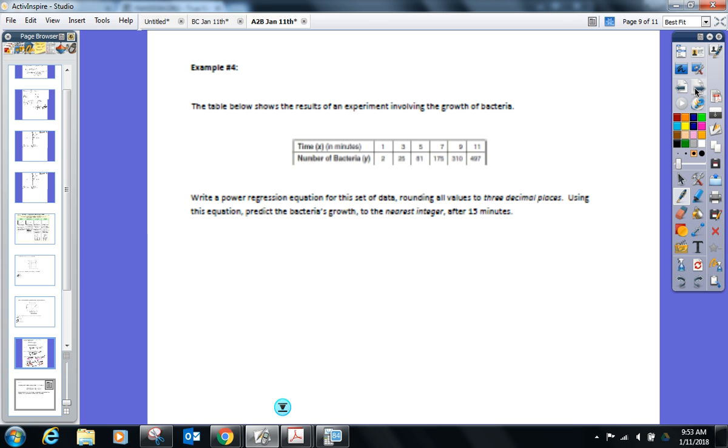Once you get it in the list, we're going to stat calculate. Can you identify where the power regression would be? Everyone see where the power regression would be? Choice A. Go ahead, choice A. L1, L2, nothing else needs to be in there other than L1 and L2.